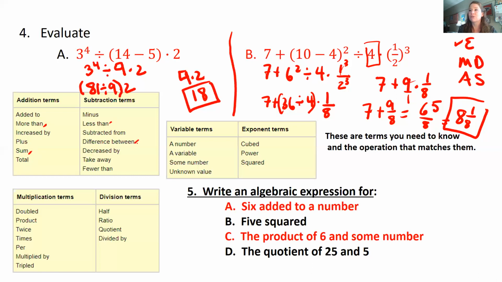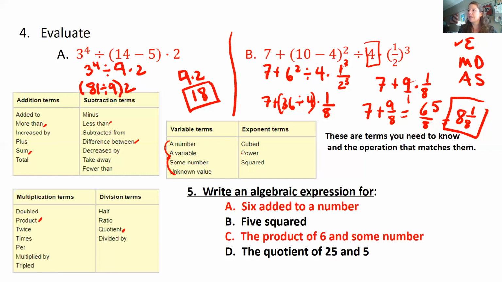Difference, you definitely need to know the word difference. You need to know the word product for multiplication. For division, you need to know the word quotient. All right, and of course, all of these describe when you would use a variable. A number, some number, a variable, an unknown number. And our exponent terms are cubed, squared, and raised to the power of.